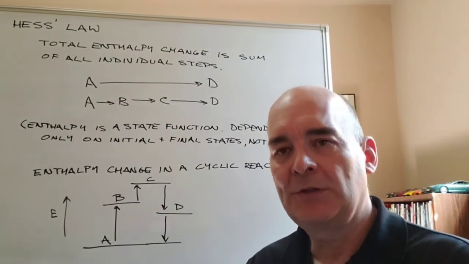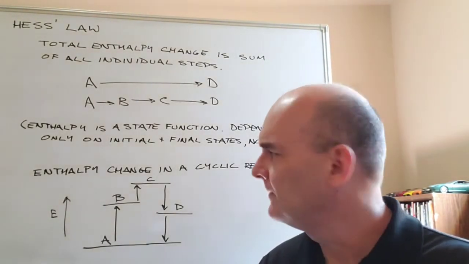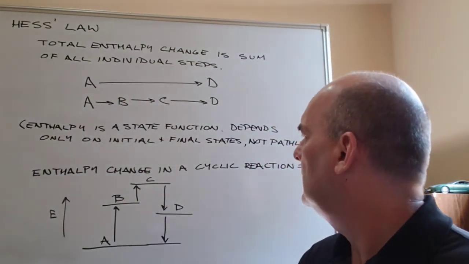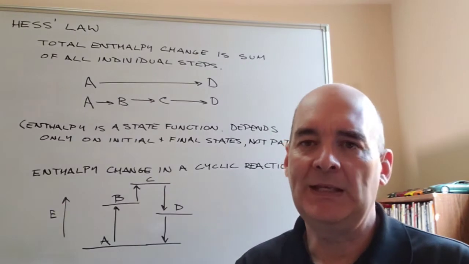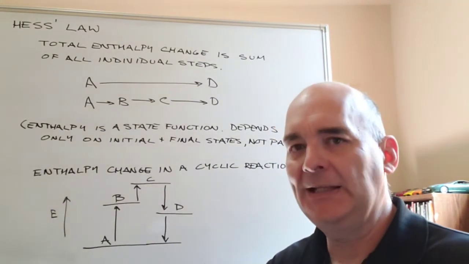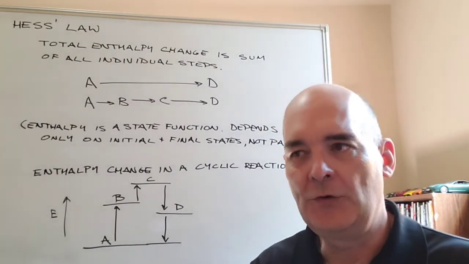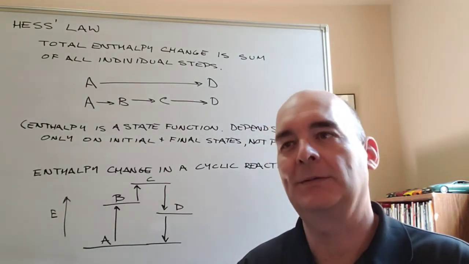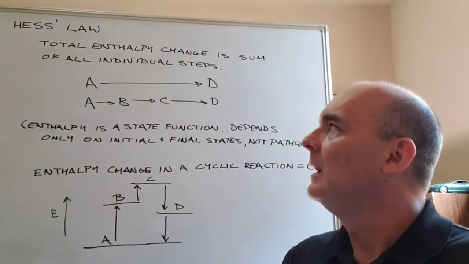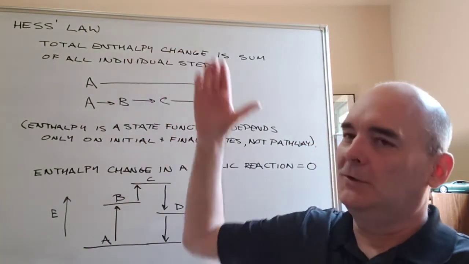Enthalpy is something called a state function, which means that its amount only depends on the initial and final state of the process, not on the pathway that got you to that end point. Which brings us to Hess's law.